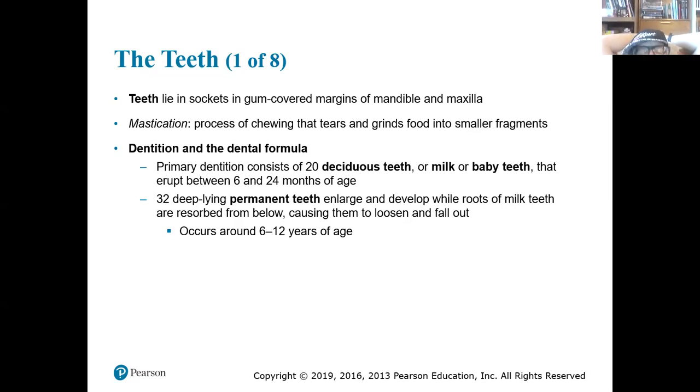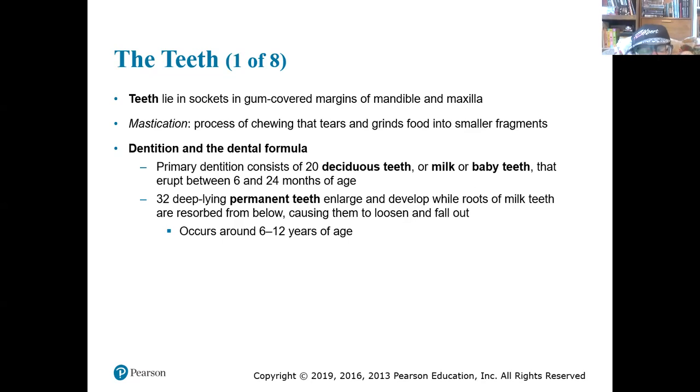Dentition, the dental formula. The adult dental formula is 2-1-2-3. We'll get to that. Anyway, primary dentition consists of 20 baby teeth, also called milk teeth or deciduous teeth, that you get between 6 and 24 months of age, and 32 permanent teeth that will enlarge and develop roots.